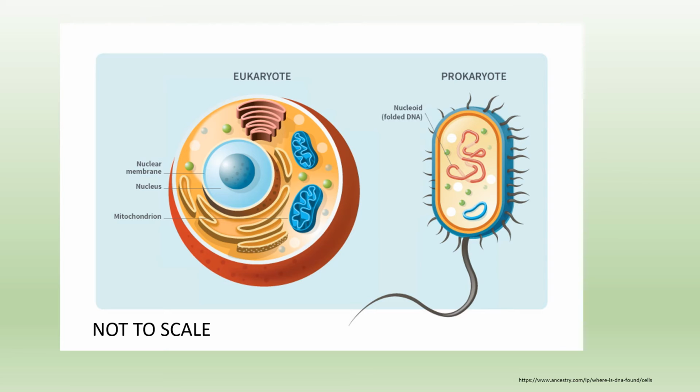Interestingly, the archaea group of prokaryotes are genetically and biochemically more similar to us than they are to bacteria. Really, some interesting stuff has been found out about archaea in the past decade or so.